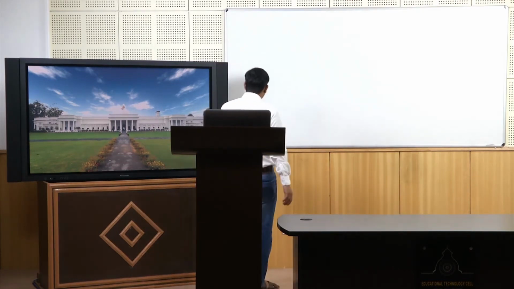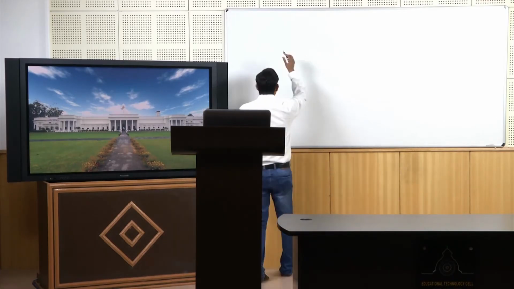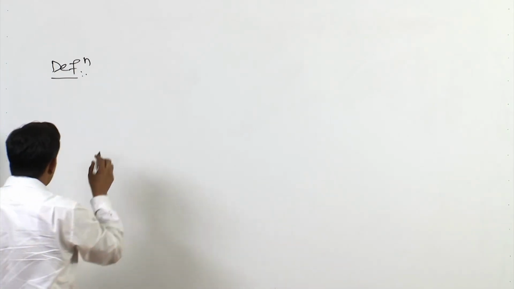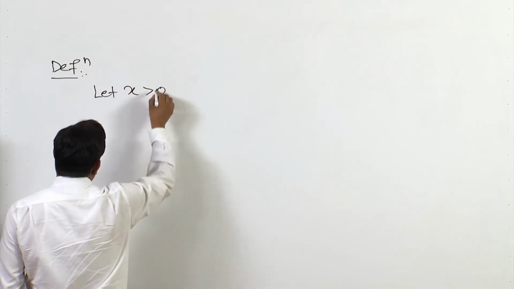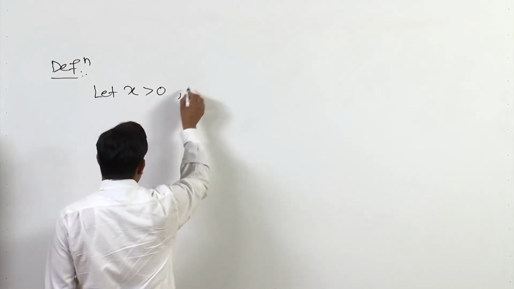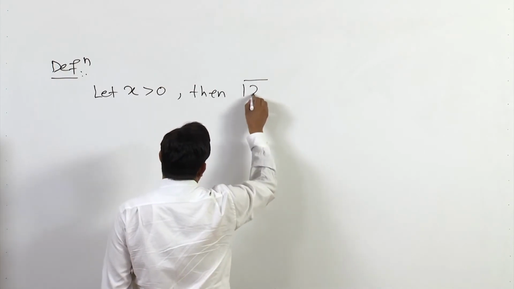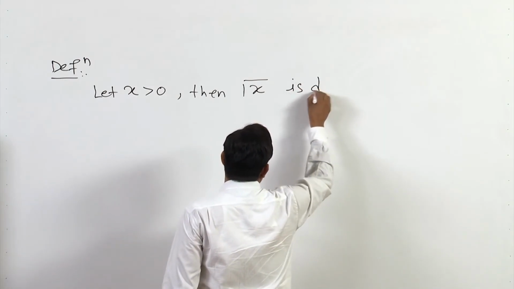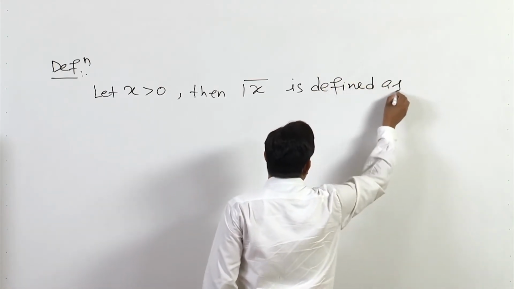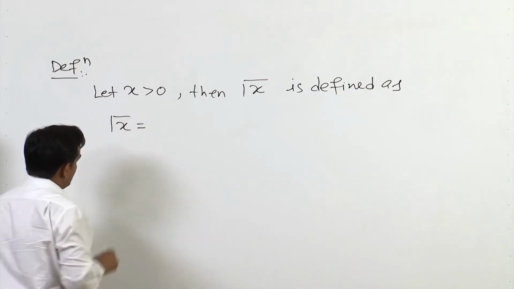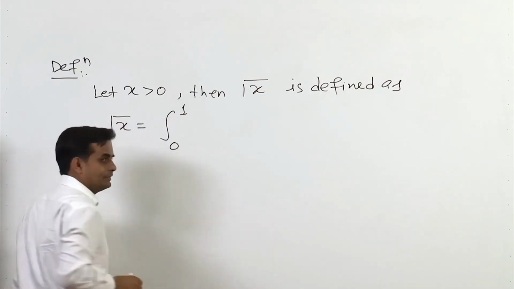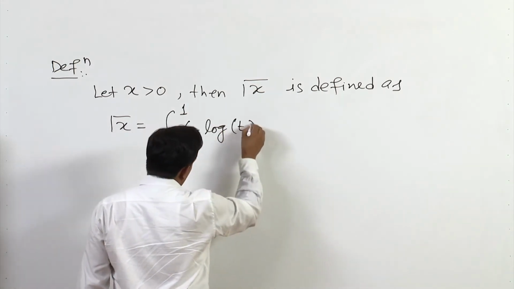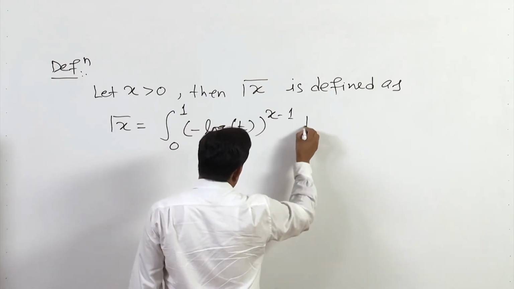In 1730 Euler defined the gamma function with the help of an improper integral, and the definition was something like this: let x be a positive number, then gamma of x, where this symbol stands for the gamma function, is defined as gamma x equals the integral from 0 to 1 of (minus log t) raised to power x minus 1 dt.